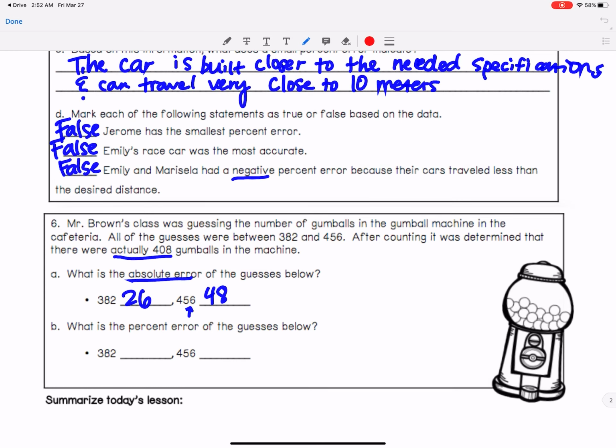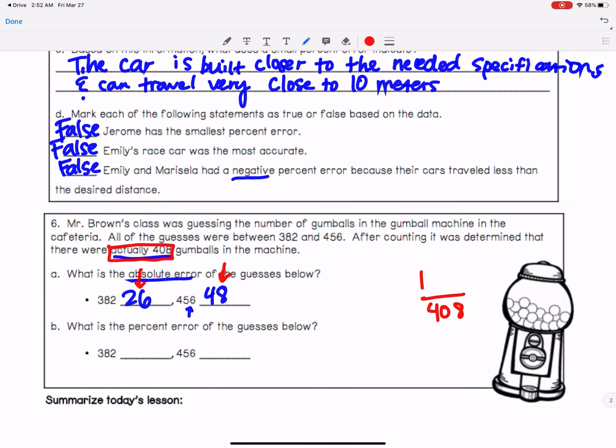Okay. So to find the percent error, you have to take whatever number you get from absolute error, in this case we got 48 and we got 26. That number, you're going to put it over your exact value. Our exact value is 408.